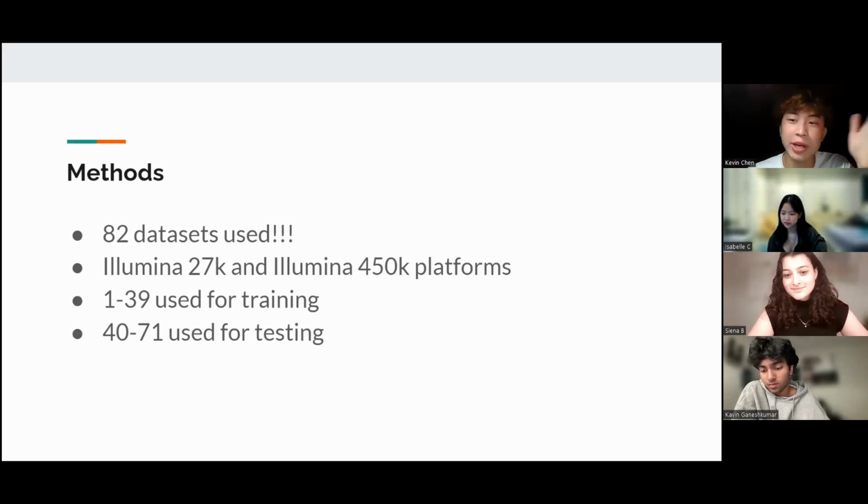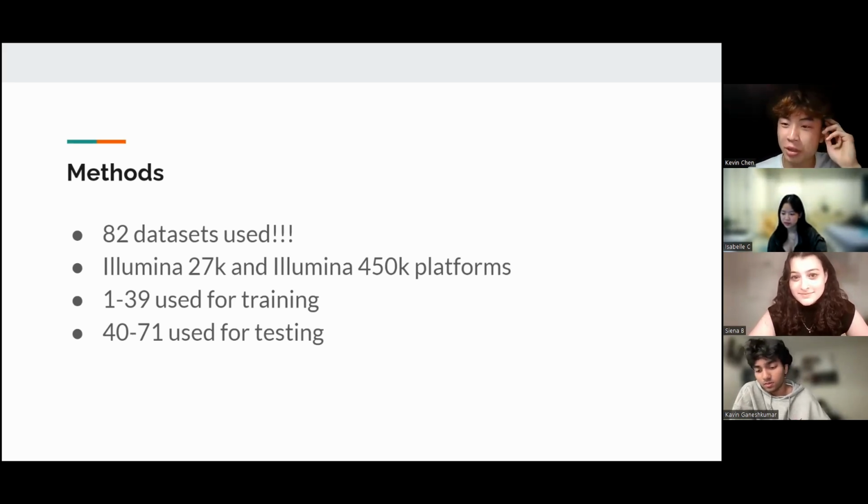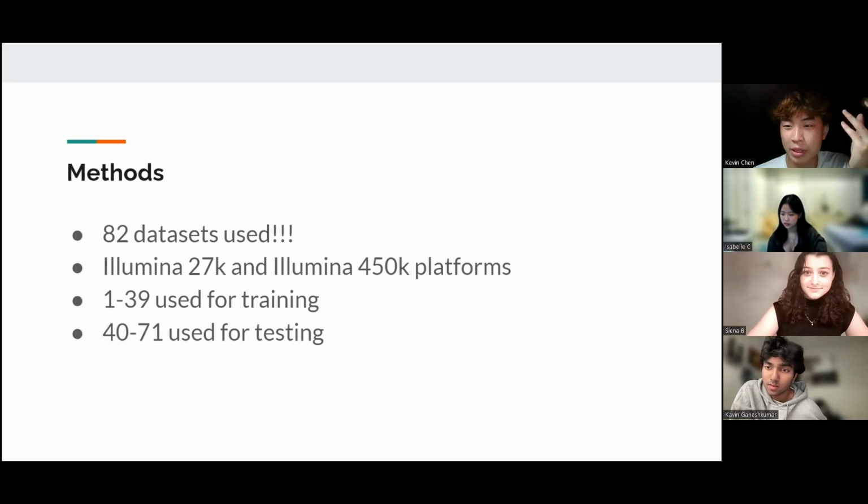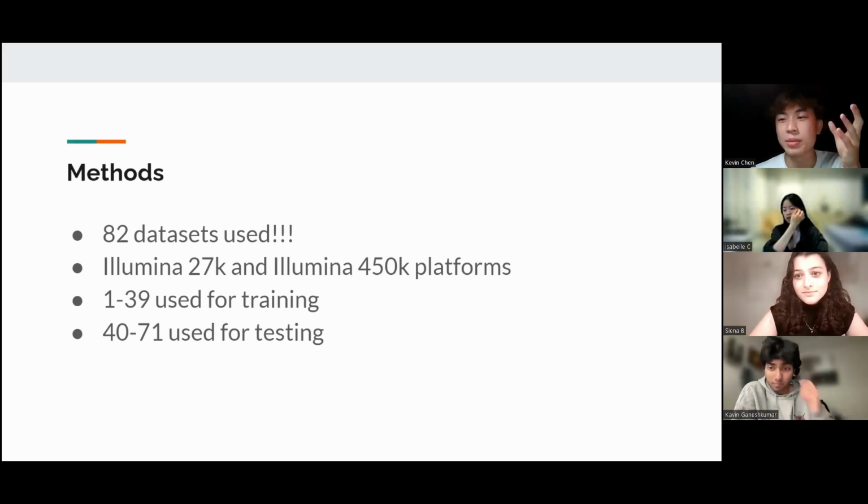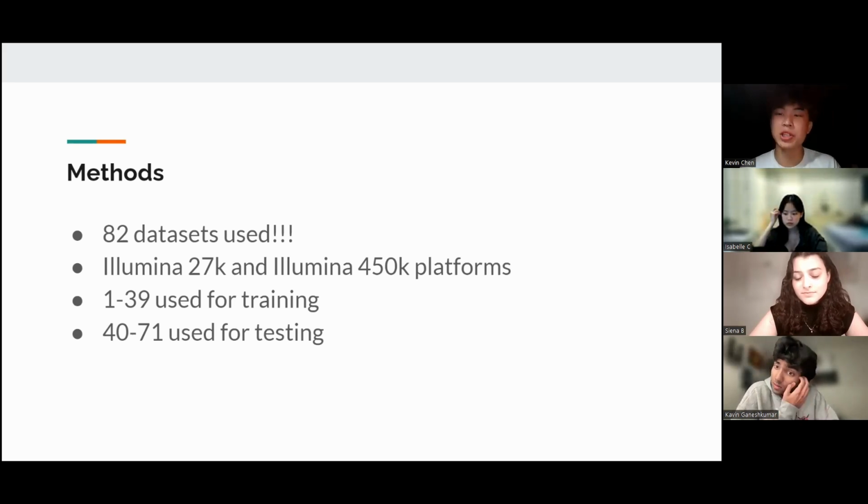So training and testing ties into machine learning models. Data sets 40 to 71 were used for testing. If you aren't familiar with how this works, when you're building a model that tries to predict patterns from data to create an age predictor, you want to make sure your training data is valid.